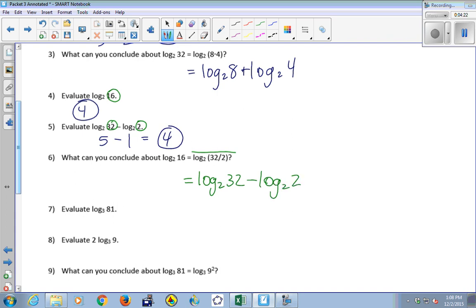So again, it looks kind of like distributing, just like with number 3 here. We had the log of a product became the sum of 2 logs. So it looked like distributing, but the multiplication turned into addition. This one kind of looks like distributing, but the division sign turned into a subtraction.